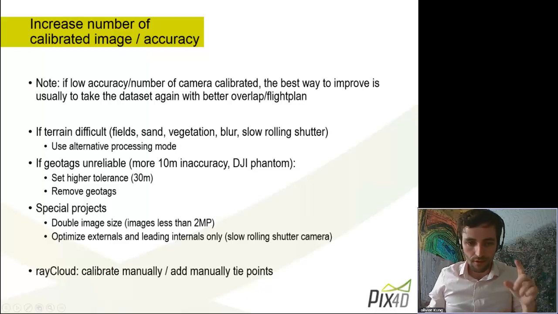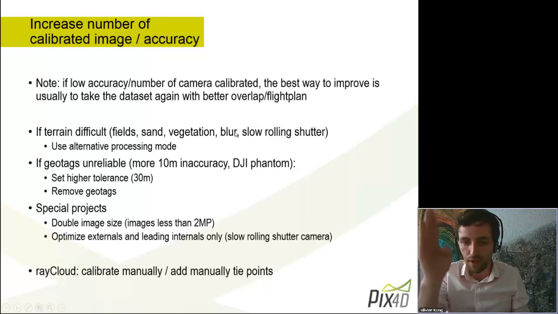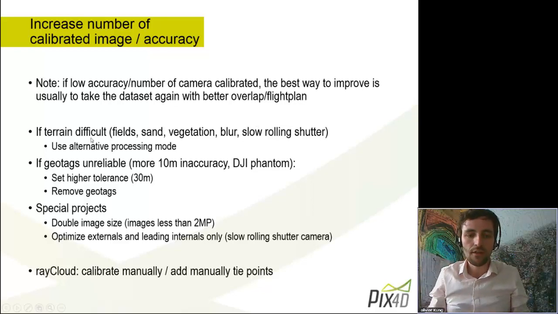By using this option when processing the datasets, this will very likely improve quite a bit the number of images that can calibrate, and especially for fields and vegetation, this can have a very beneficial impact. Also, if you're using a rolling shutter camera, like the example I showed, which was very wobbly, the alternative processing mode is also able to handle this type of dataset.